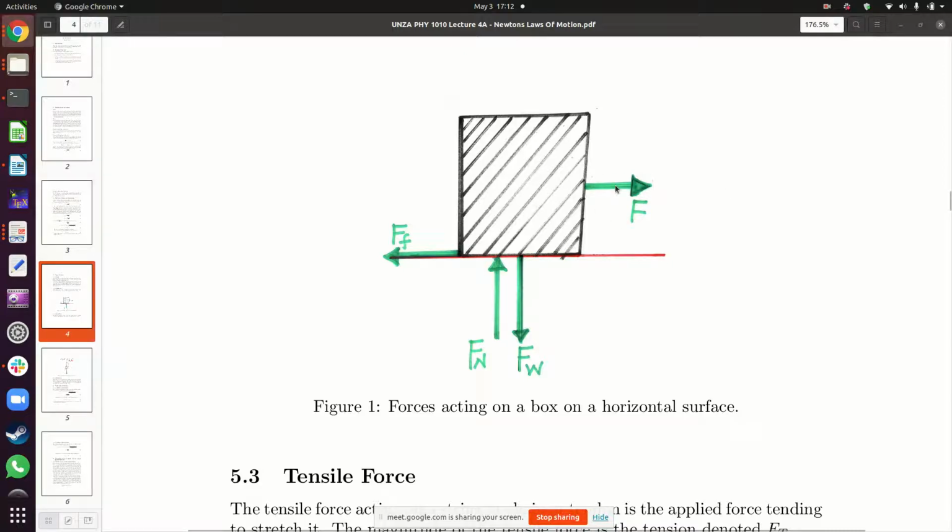So we expect in this case, if this force is large enough to pull this box, and since the box is going to move to the right, there's going to be another force, which is the friction force, which will oppose the movement of this box like that. The friction force always opposes the movement of an object, and it is directed in an opposite direction like this.